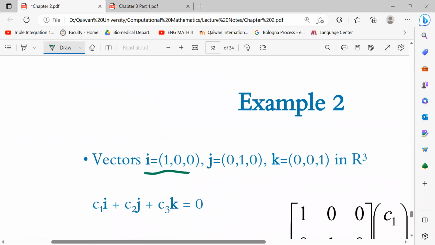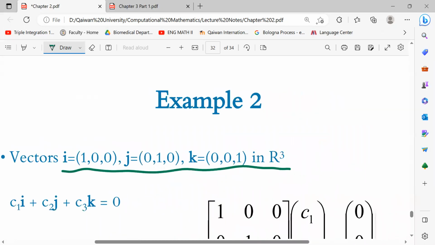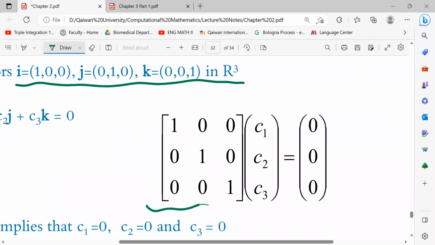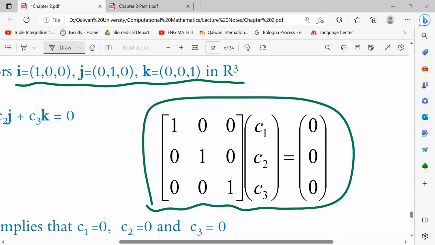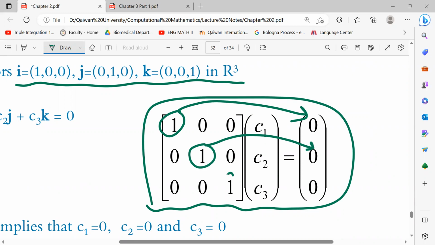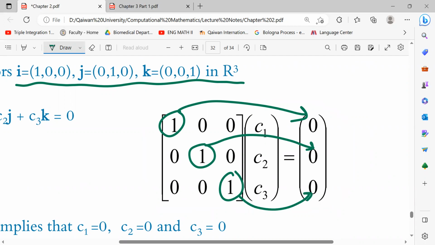We have these three vectors in R3. It's already in reduced row echelon form. That's it. We say C1 equals 0, C2 is 0, C3 is 0. In this case, all C's are 0.